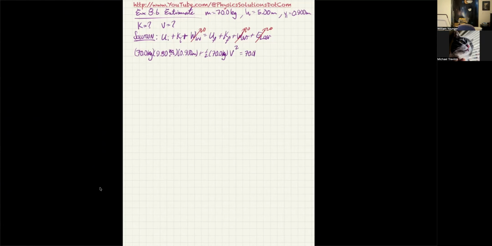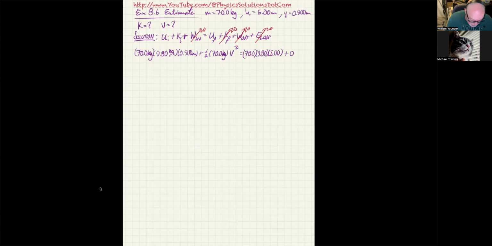I'm going to leave the units off this side because we already worked them out on the other side. And at that point, the kinetic energy should be zero, so I don't put zero there. So that's what we're ideally shooting for, and what we want to do is solve for that velocity there.